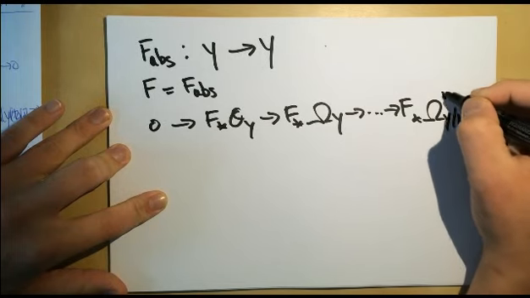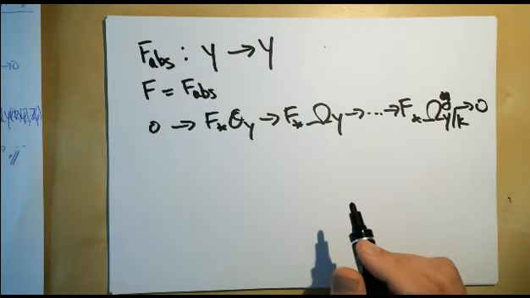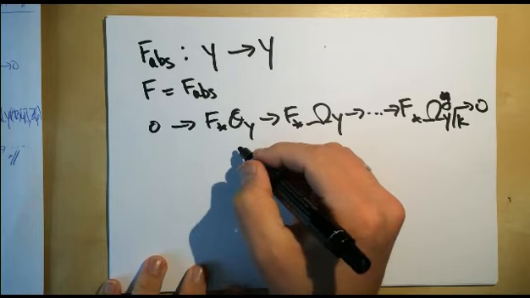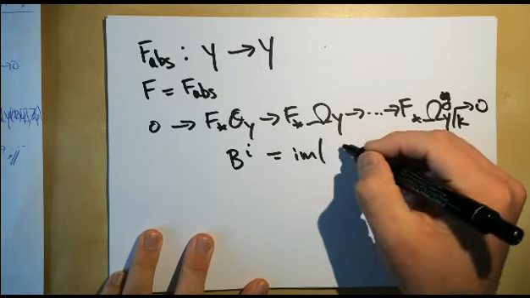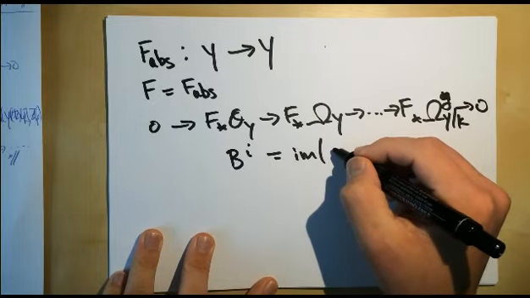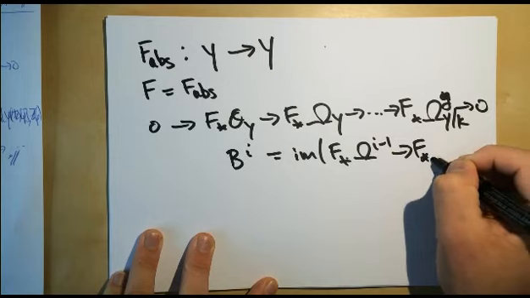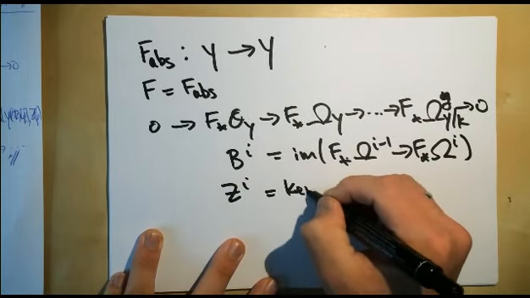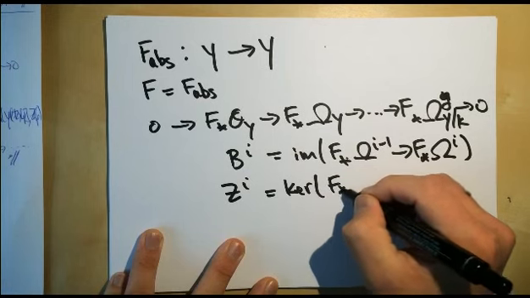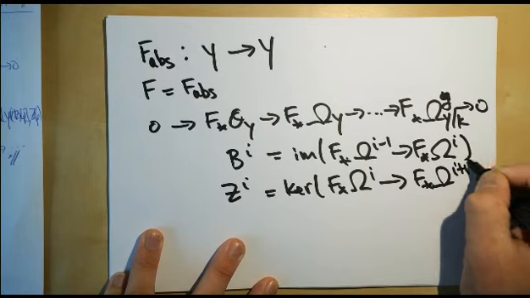And let's say we're dealing with an abelian variety, so I guess I'll do it with g-dimensional here, 0, and then we have these B_i, which is going to be the image of the d map from F star omega^(i-1) to F star omega^i, and Z_i, which is going to be the kernel of the one that goes from i to i+1.